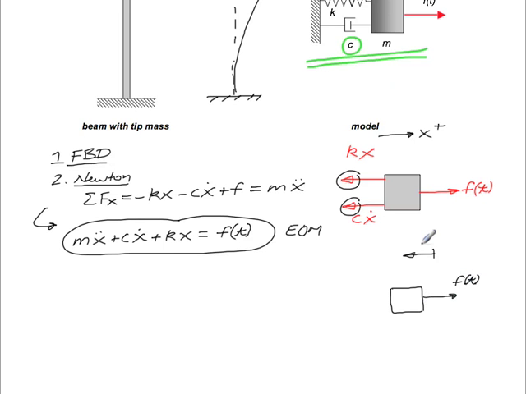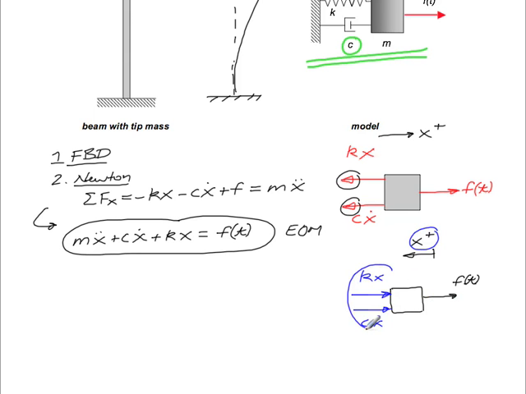There's really no real reason why I said x positive to the left, but in that case, then our spring force, I'll draw it in blue to contrast it with what's above there, is still magnitude of kx, but with x being plus, that means the spring is compressed, and a positive x dot, in other words moving to the left, is going to be resisted by the dash pot, so that dash pot force is also to the right.